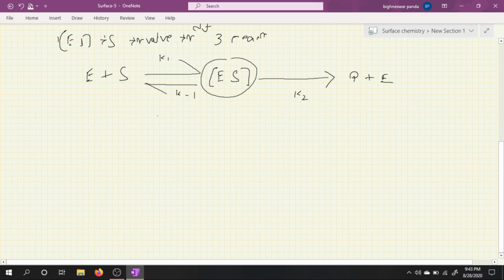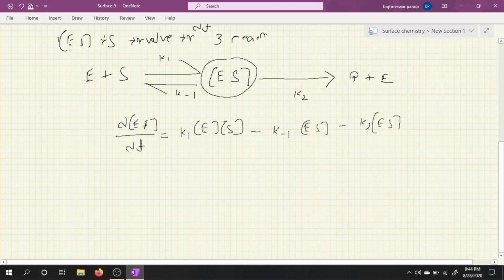So we can calculate the change in concentration of ES, that is dES by dt is equal to K1 E S, considering the forward reaction, minus K minus 1 ES, minus K2 ES. It is the total change in concentration of enzyme substrate complex.